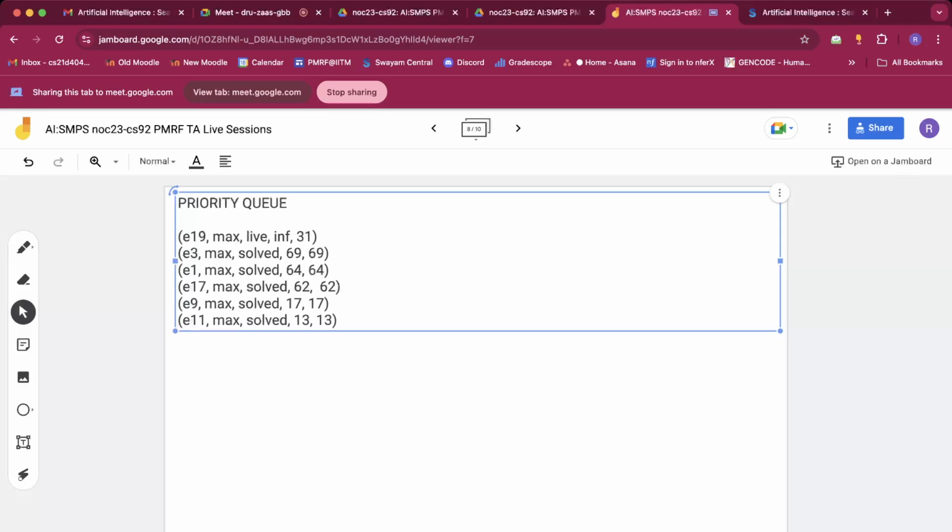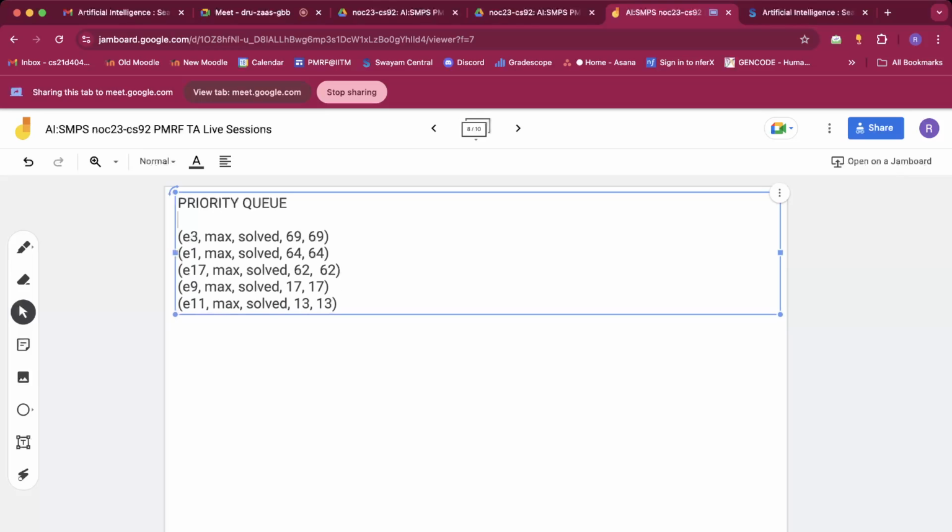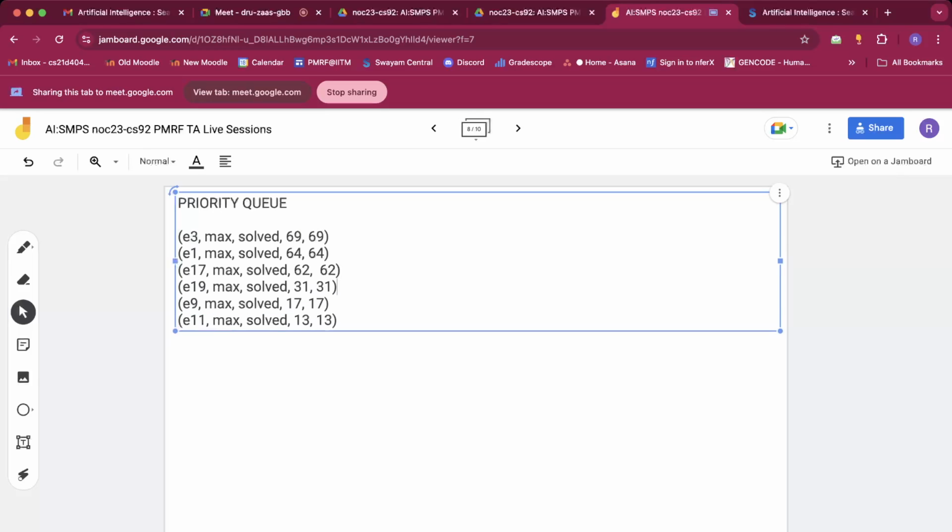This is also solved, so we label it as solved. Change the bound to 31, again pop it and add it at its appropriate place in the priority queue.